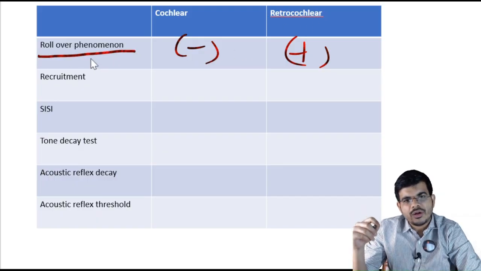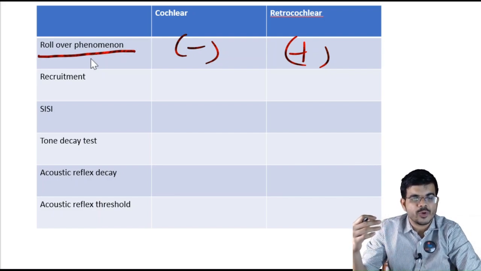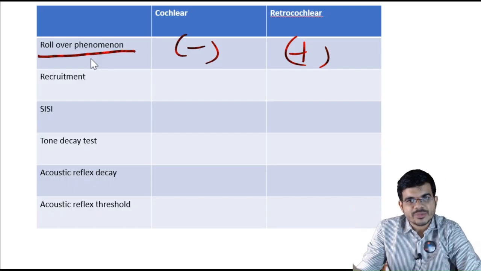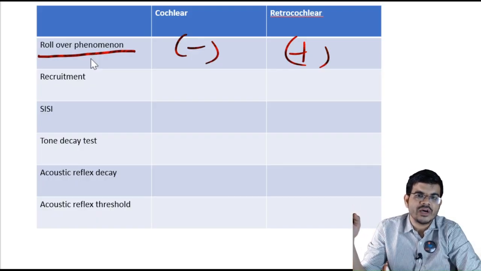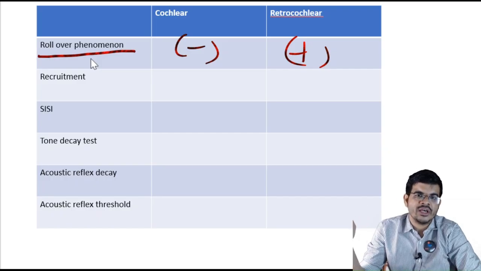When you do a speech discrimination score, if the curve goes up and then comes down, that is, initially the patient is able to hear up to 70% of the sounds, and then later on it goes down to about 60 to 50%, that is what is meant by rollover phenomenon.